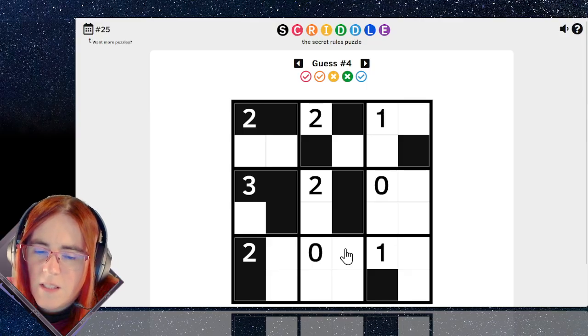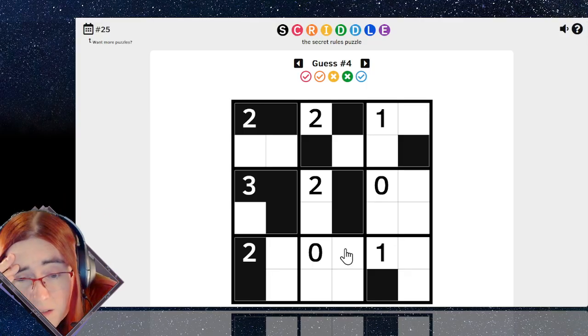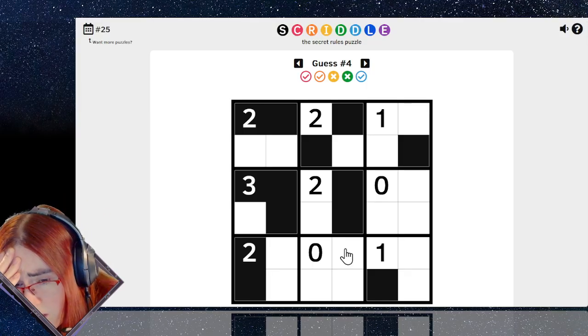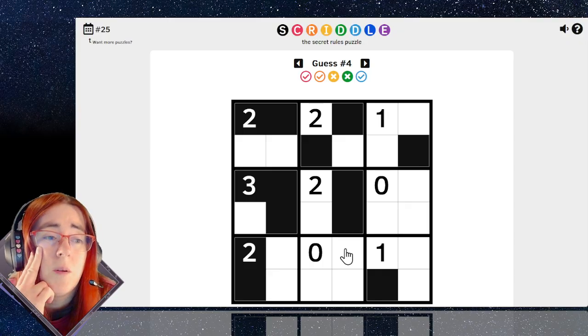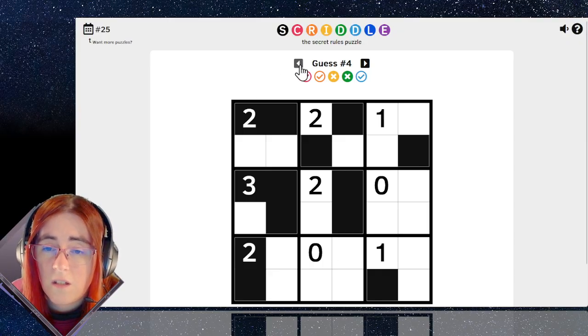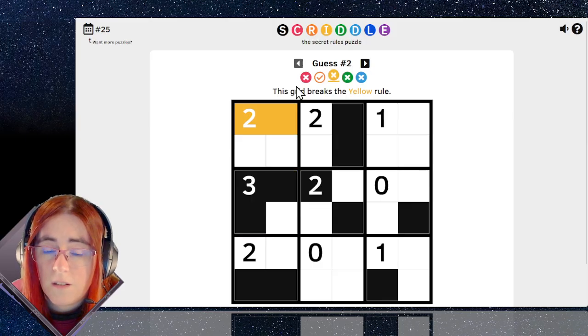So okay, can we prove to ourselves that it is impossible to have no diagonal touching? I don't think this is the problem because of this piece of feedback.